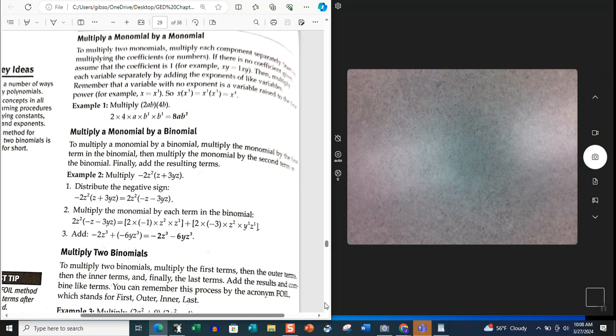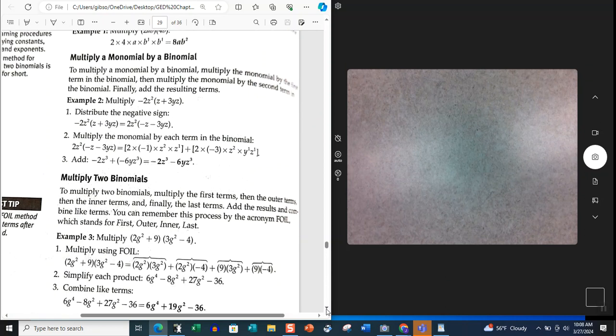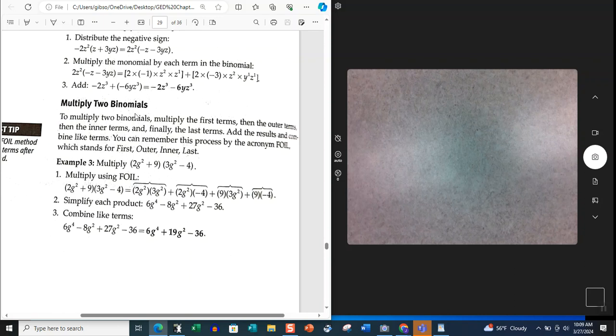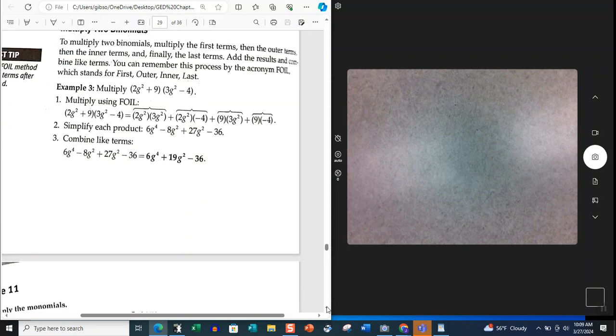And we will cover this once we get to the exercises. And multiplying a binomial by a binomial, I will get to that before we actually go through using the FOIL method. So let me go and do some problems here.